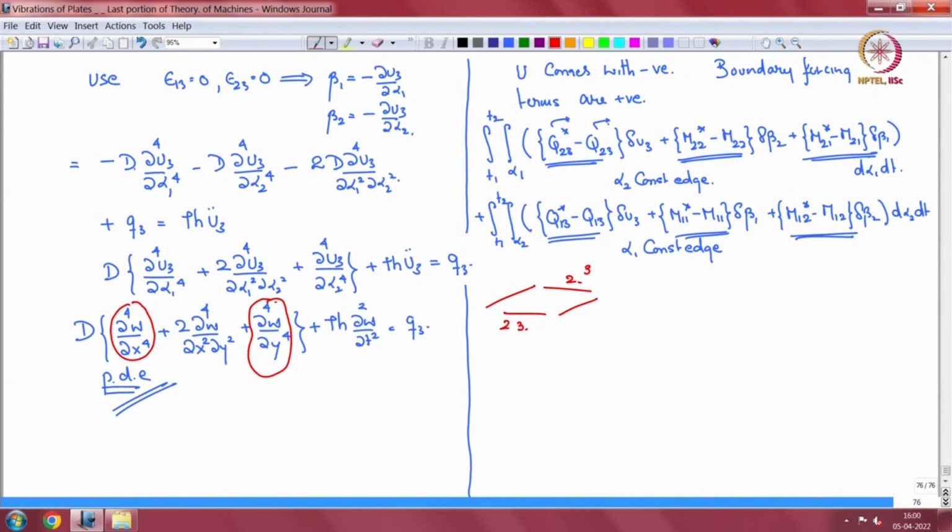Okay? So there is something to be done over here, and this was, as I said, observed by Kirchhoff and addressed. So what he did is he looked at this plate. This is my x or alpha 1, this is my y or alpha 2, and this is the z or alpha 3 direction. So this edge looks like this.